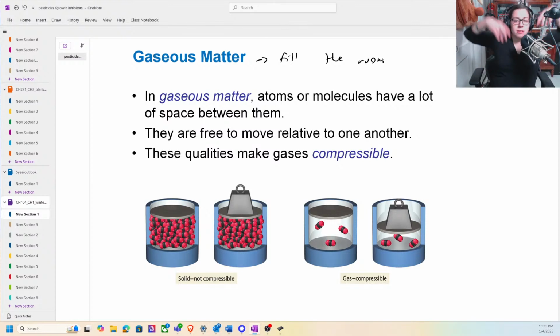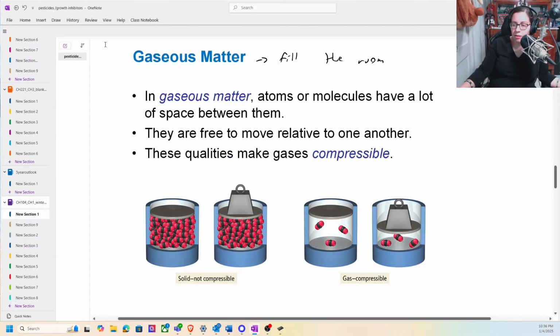That gas is going to eventually disperse throughout the entire room, as those particles are free to move relative to one another. And then going back to the idea of being compressible, this is just a piston system shown here, compressing our gas.